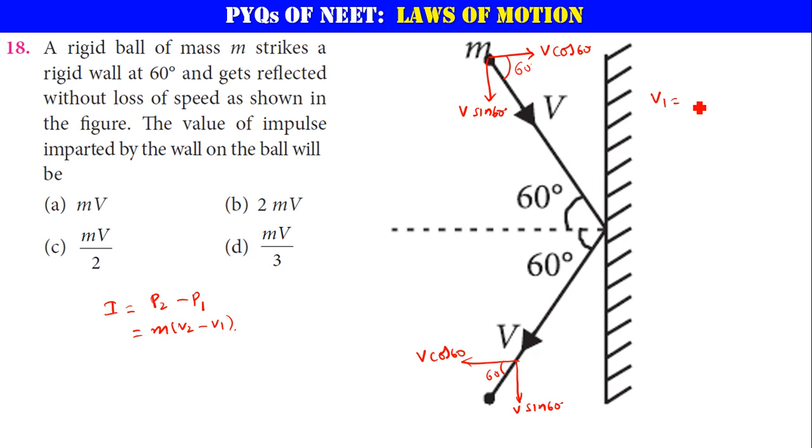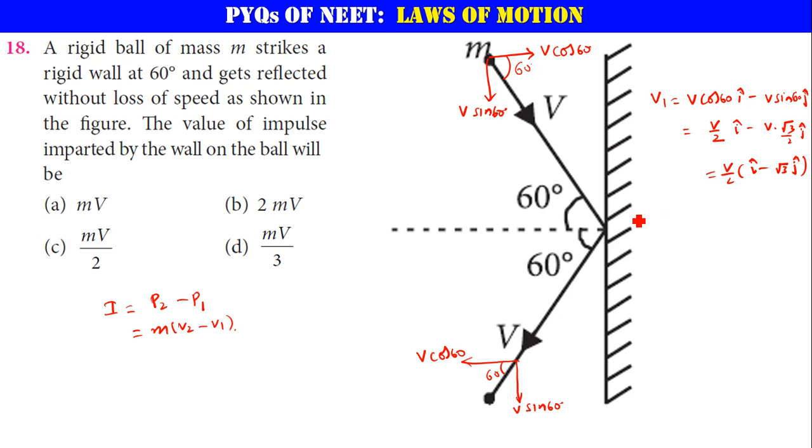V1 is equal to V cos 60 I cap minus V sin 60 J cap. Okay. Next, let me rewrite this as V cos 60. Cos 60 is nothing but 1 by 2, V by 2 I cap, minus V sin 60 is nothing but root 3 by 2 J cap. So you can take V by 2 common, I cap minus root 3 J cap.